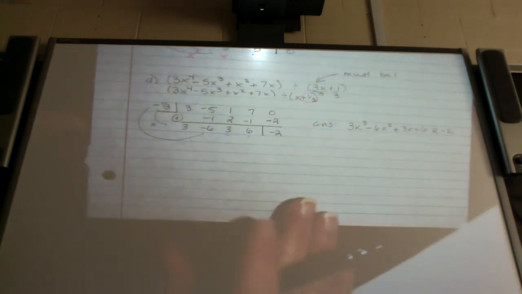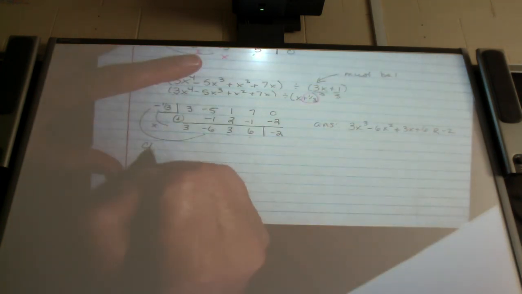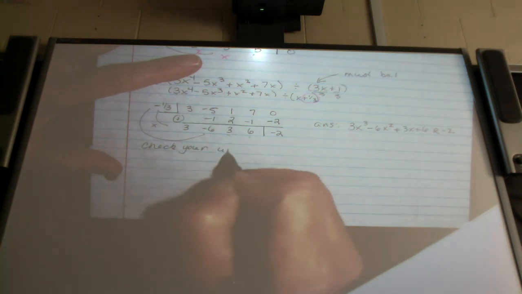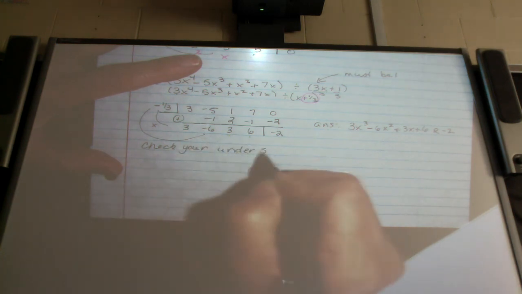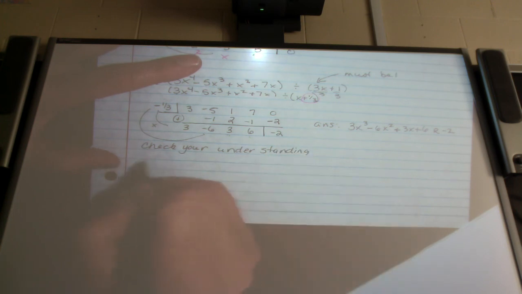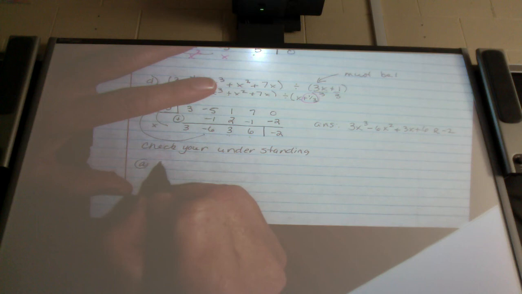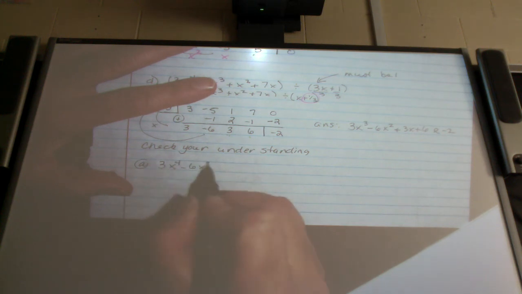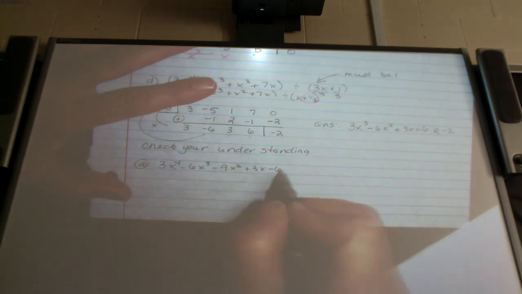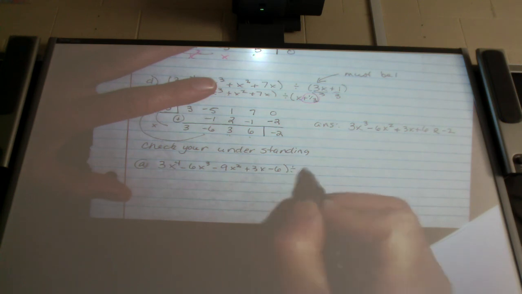And now let's do the check your understanding A. Well, it's 3x to the 4th minus 6x cubed minus 9x squared plus 3x minus 6 divided by x plus 3.